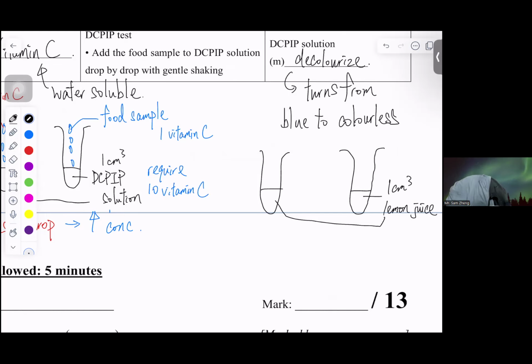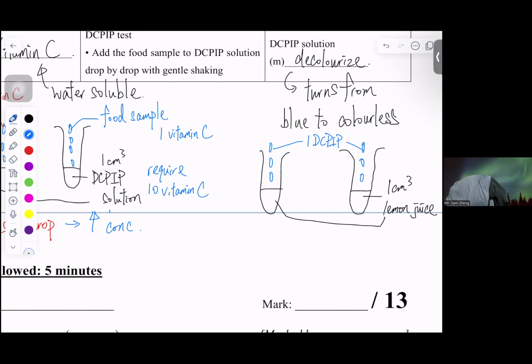Now, when we add the DCPIP solution, the concentration of each DCPIP drop shall be the same, for example 1 DCPIP for each drop.